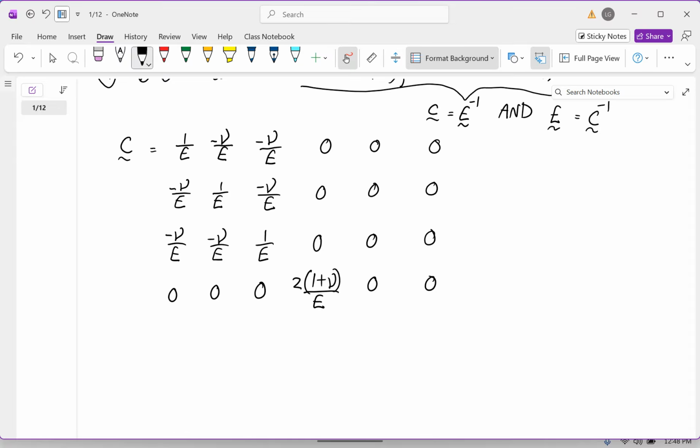Yes? What's the Greek letter you're using? That's nu. It sort of looks like a scripty lowercase v. What does it represent? So the E and the nu each represent a material measurement that you can take.